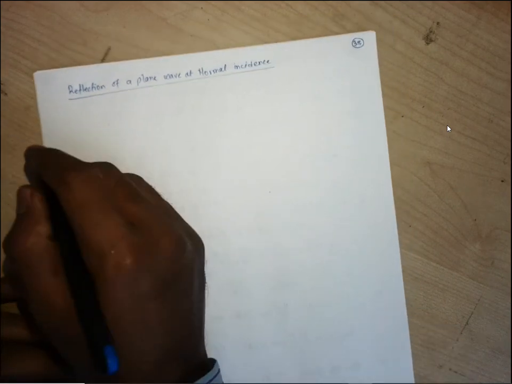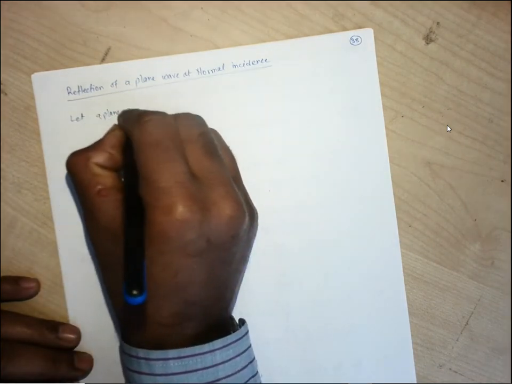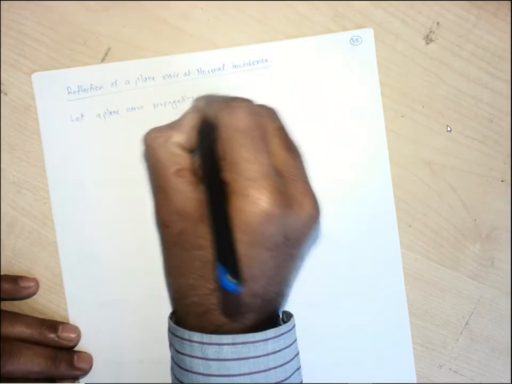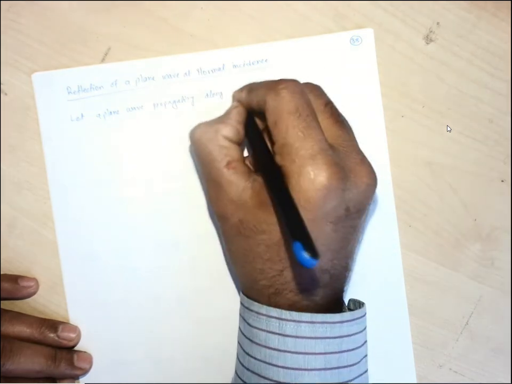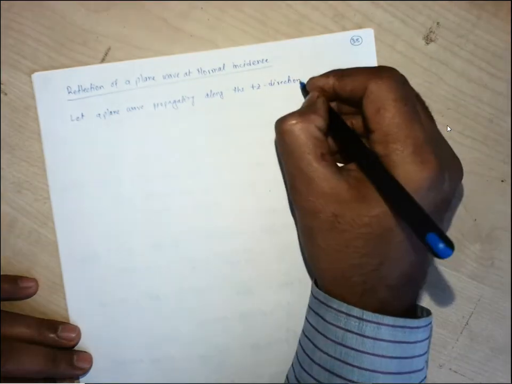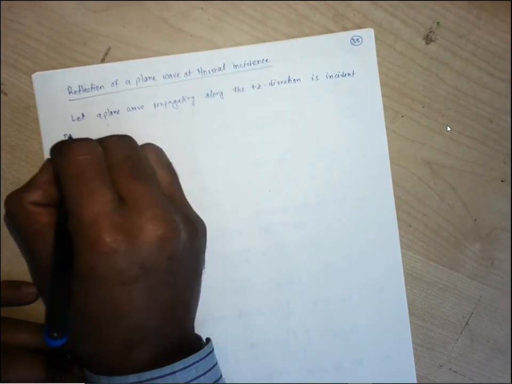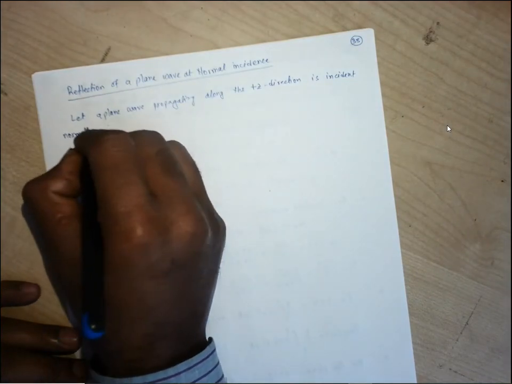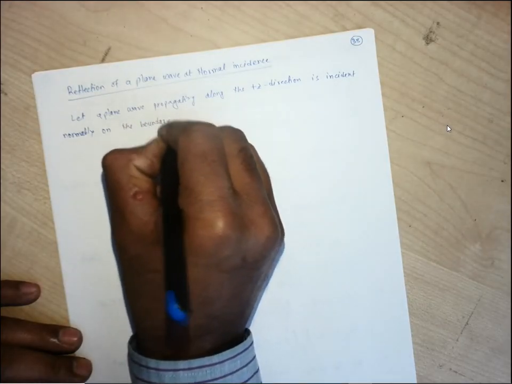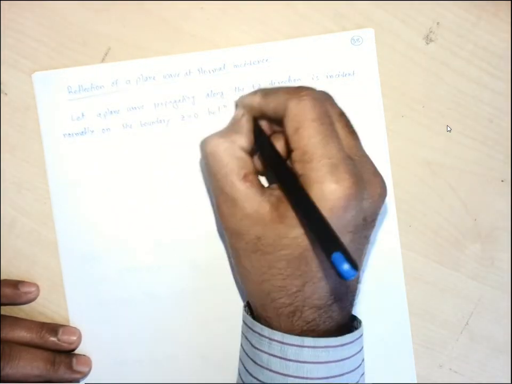Now let us take a situation. Let a plane wave propagating along the plus z direction be incident normally on the boundary which is at z equals 0.